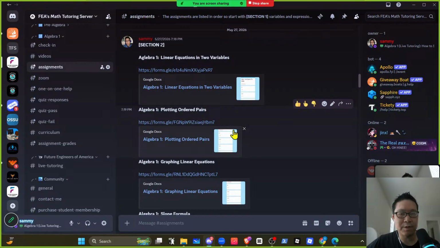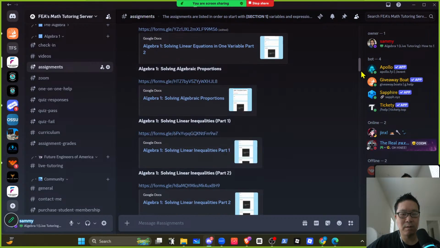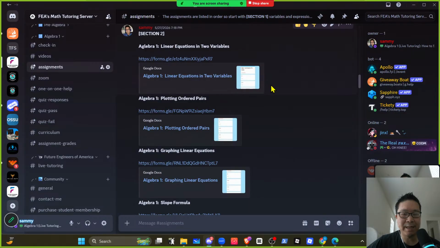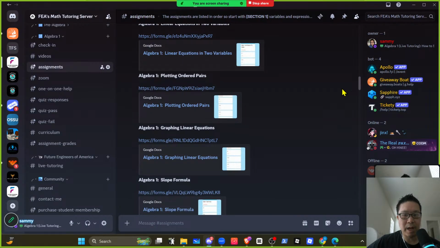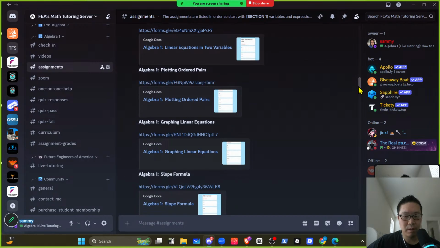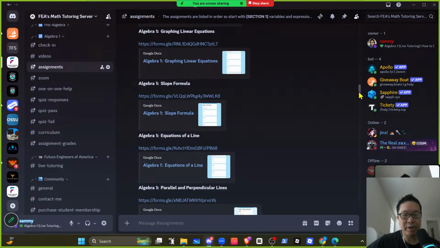So we're in section 2 now. We're done with section 1, and we're in section 2, and we're doing linear equations in 2 variables. We're learning how to plot ordered pairs on the coordinate system. We're graphing linear equations, slope formula, equations of a line.